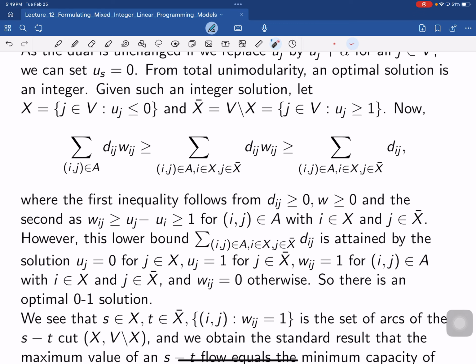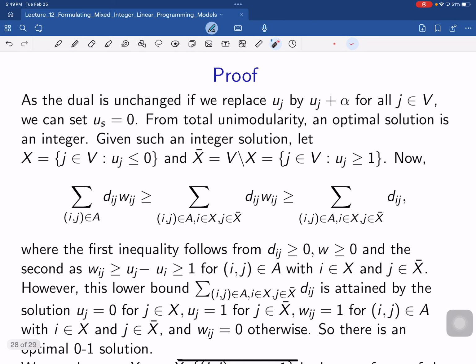Essentially, from a physical perspective, this set will be the set corresponding to the source node. This set is on one side of the cut, the other set is on the other side of the cut. You use this inequality trick to show that the solution you constructed that way is a lower bound and it is feasible. All right, so that's why it is a min cut.